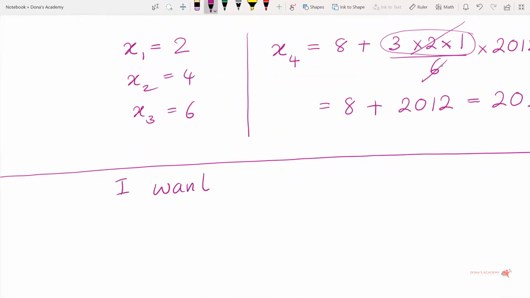Let's take a symbol, let's say K. I want x4 to be K. K is any given number, your favorite number or whatever. So let's see how to modify the general formula so that still the first three terms are 2, 4, 6, but x4 is K.